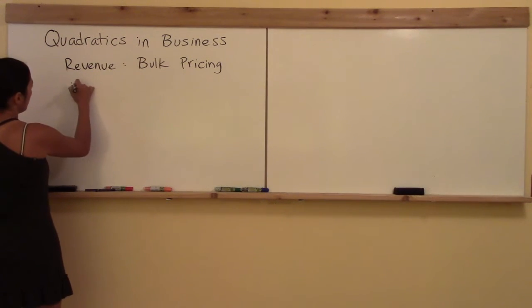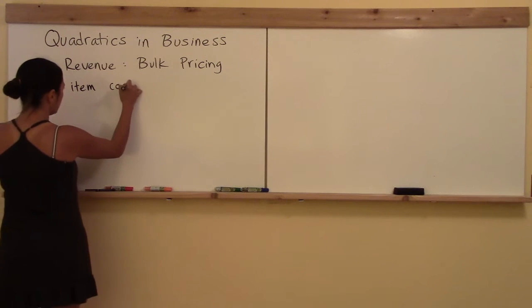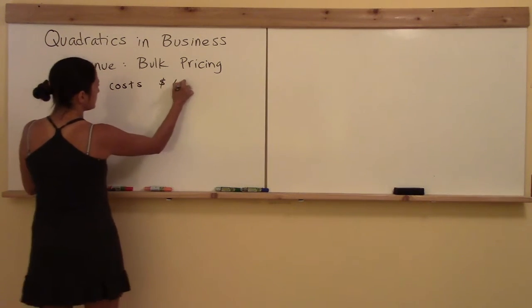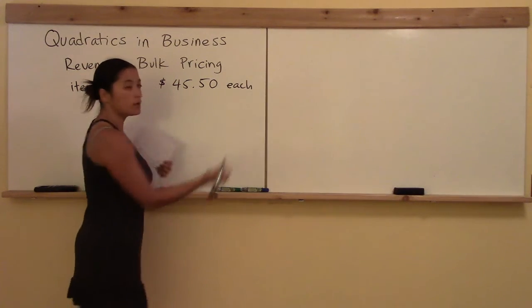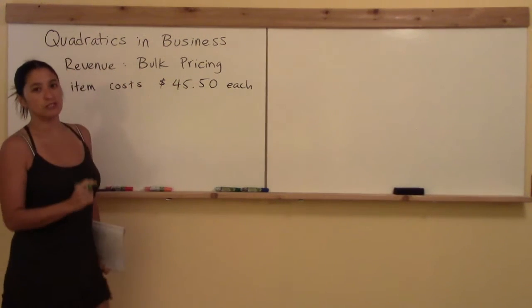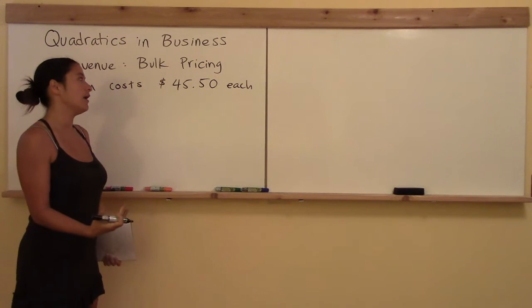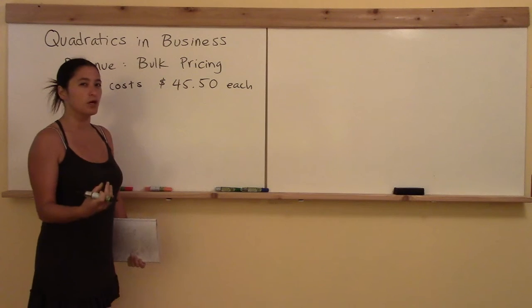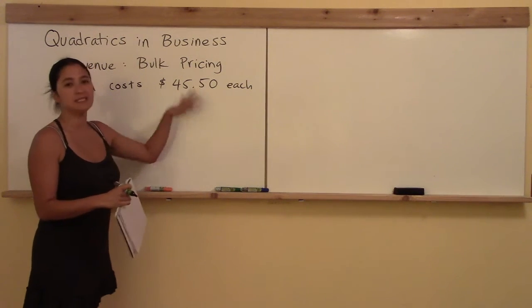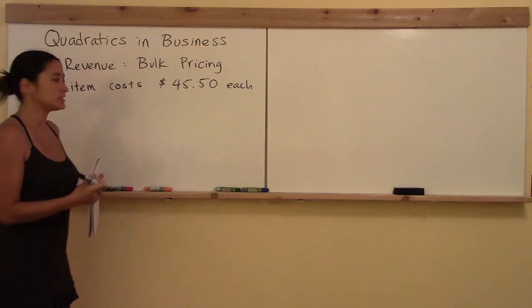Let's say that an item costs, its original price is $45.50. For each one of those, okay? But then the store wants to give you a deal. I know that price is kind of high. So for every additional item you buy, more than one, I will take off 50 cents of the per item price, okay?